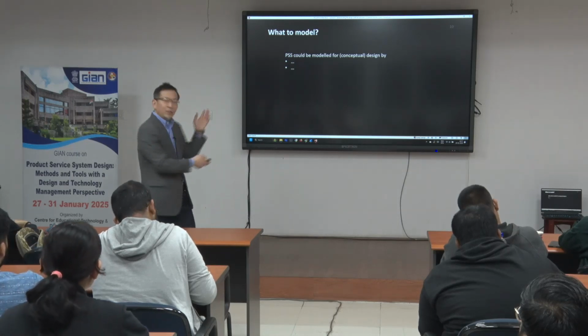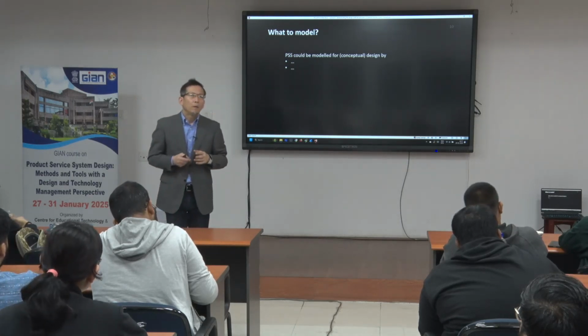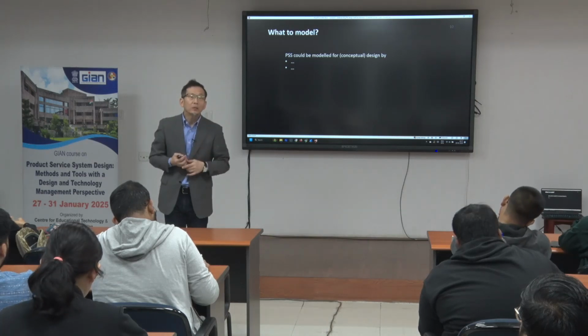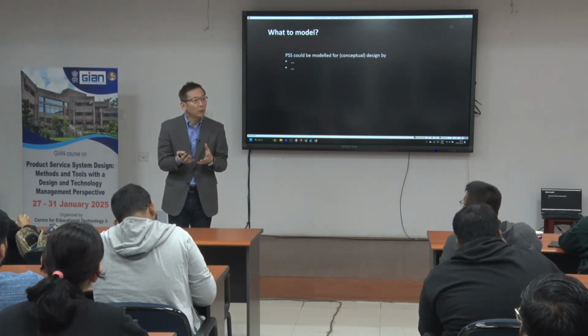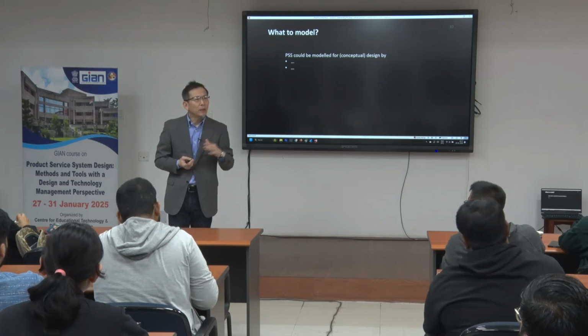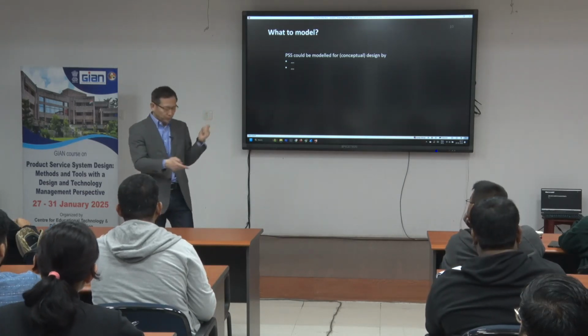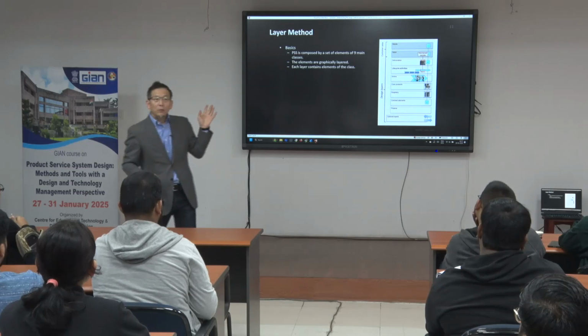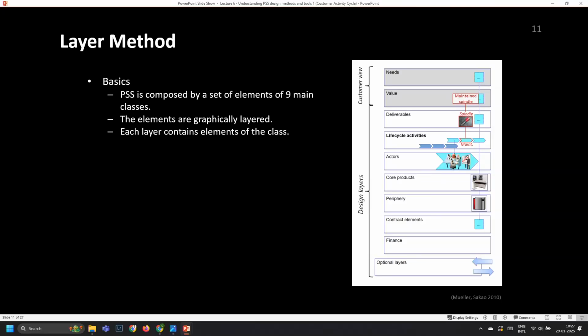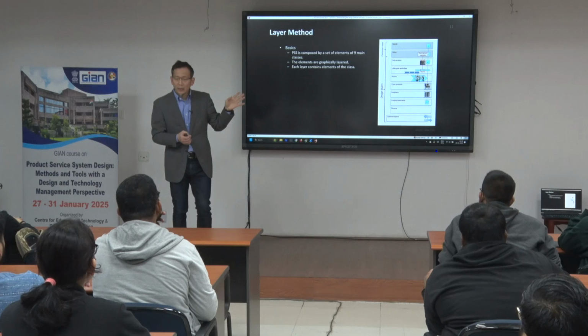So this is the question, and for the lectures so far, you have heard various aspects that could answer this question. And so the method we are addressing from now, which is called the layer method, will give a suggestion for that question. This method suggests these 9 parameters, and they call them 9 layers.